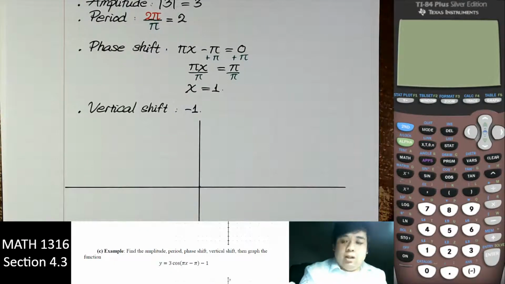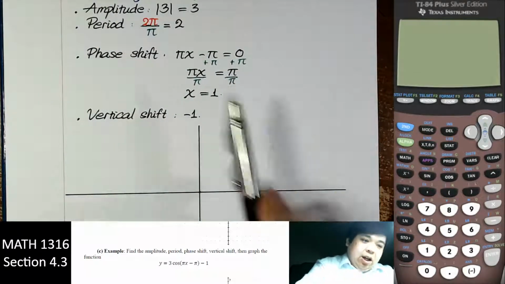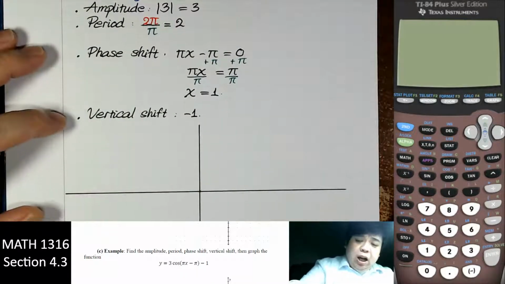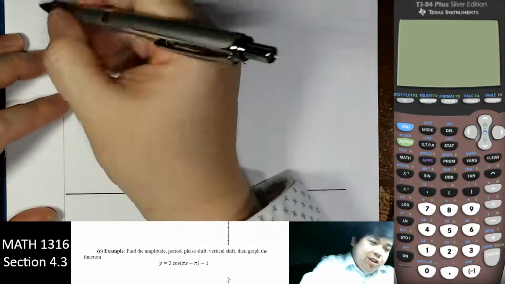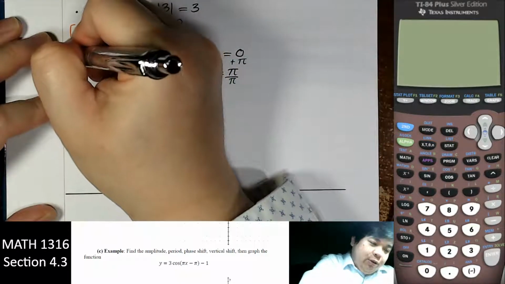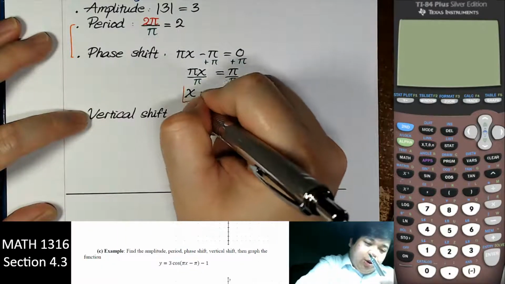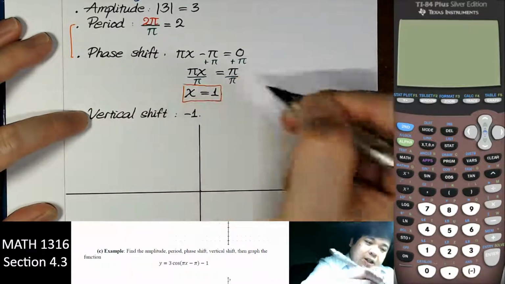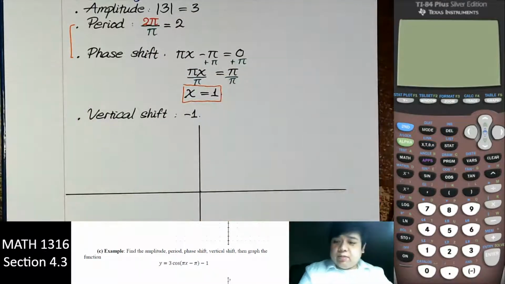So first, on the x-axis, we're going to need to use the period and the phase shift. We're going to start at x equal to 1, and then the period is 2.